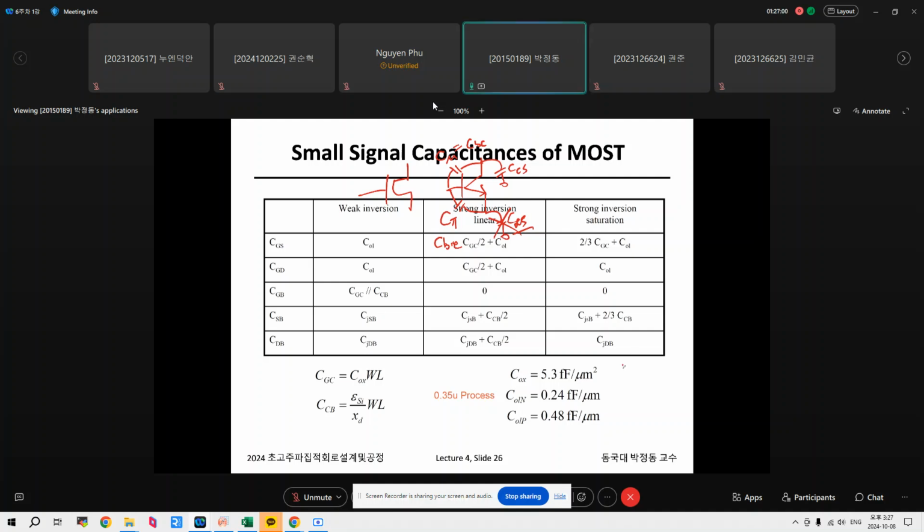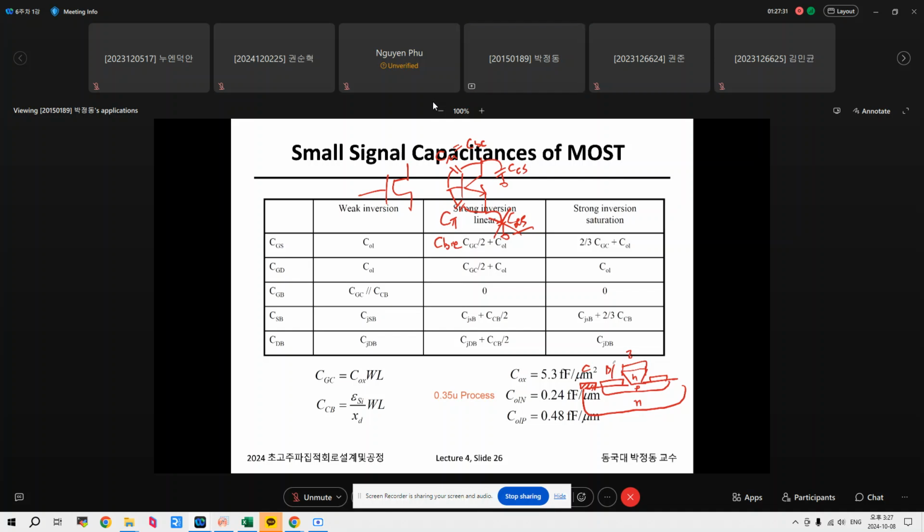If you take a look at the structure of BJT, this is emitter, and this is a base, right? This is N, this is P, and this is N. This is collector, okay? Collector and base and emitter.